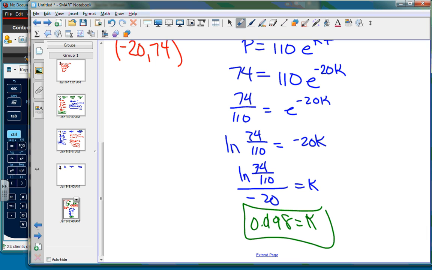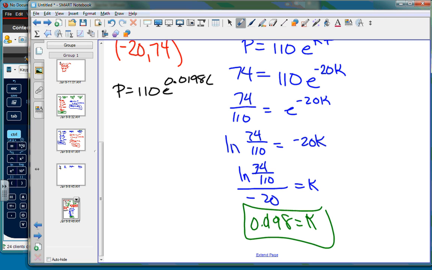K is the same thing as what again? My rate. Now, why do I need that rate? Because now I can predict. I can go back to this 110 e to the 0.0198, and this time, what am I going to put in for time?